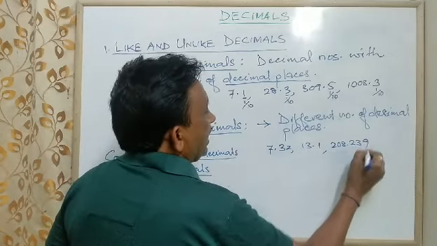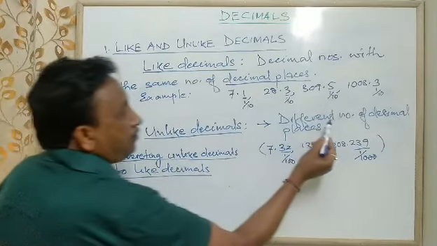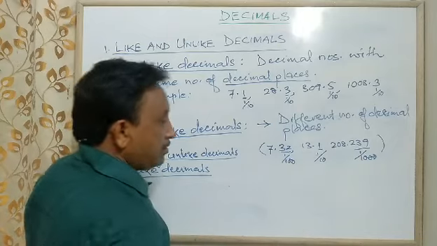Here the decimal place is 1/100th or the 100th place, this is 1/10 or the 10th place, and this decimal number has decimal places of 1/1000th. So all the decimal places are different. This type of decimal numbers are called unlike decimals, with a different number of decimal places.